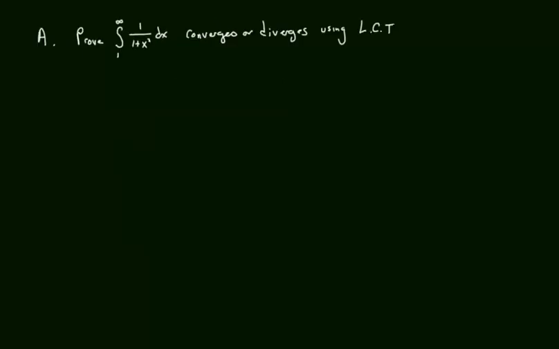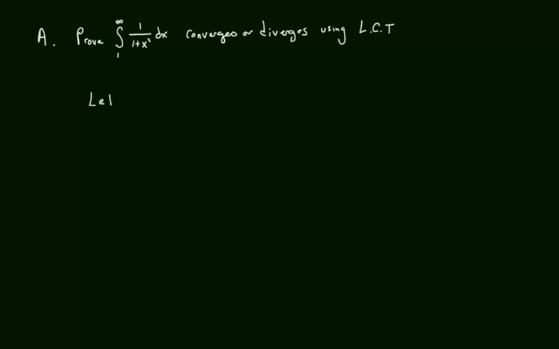Let's do a proof to illustrate the limit comparison test. Let's prove that the integral from 1 to infinity of 1 over 1 plus x squared dx converges or diverges using this limit comparison test. Please note, this may not be the only test you could use, but it is the test I'm asking you to use here.